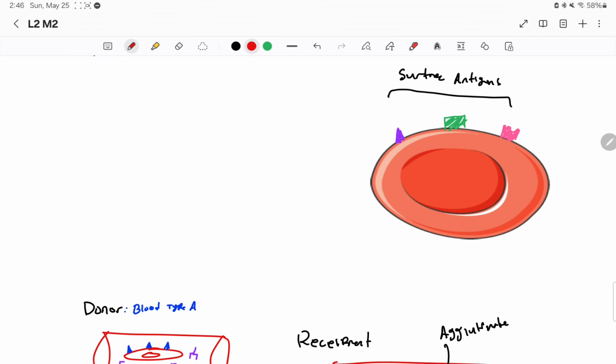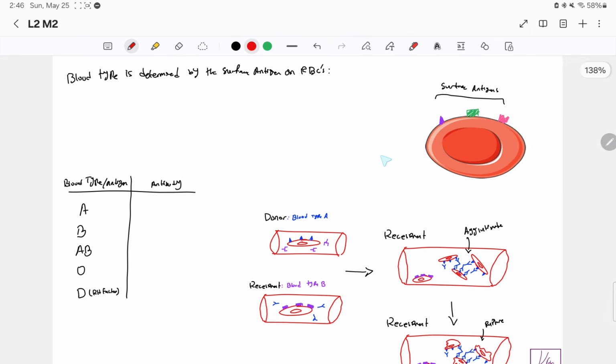Now, why does this matter when we're talking about blood types? It matters because there's this thing that we like to do as humans called blood transfusions. Whenever somebody's low on blood, we like to match their blood type and then transfuse blood to them. How is it related to this antigen stuff?